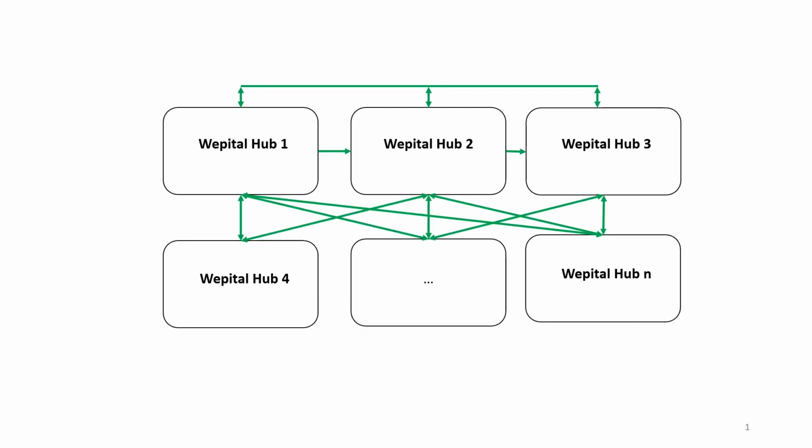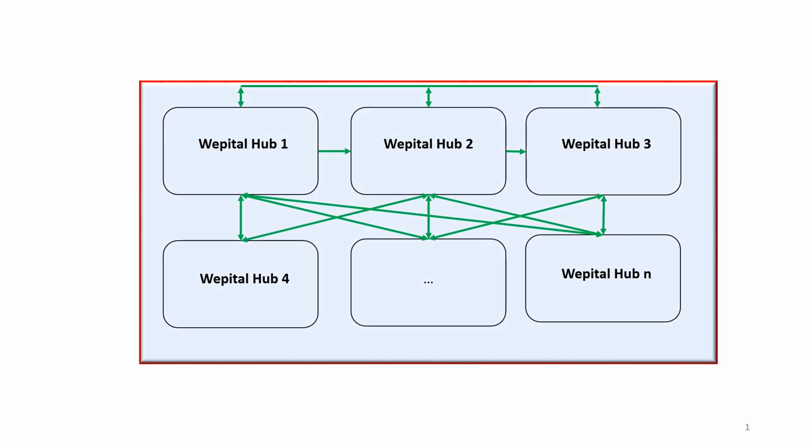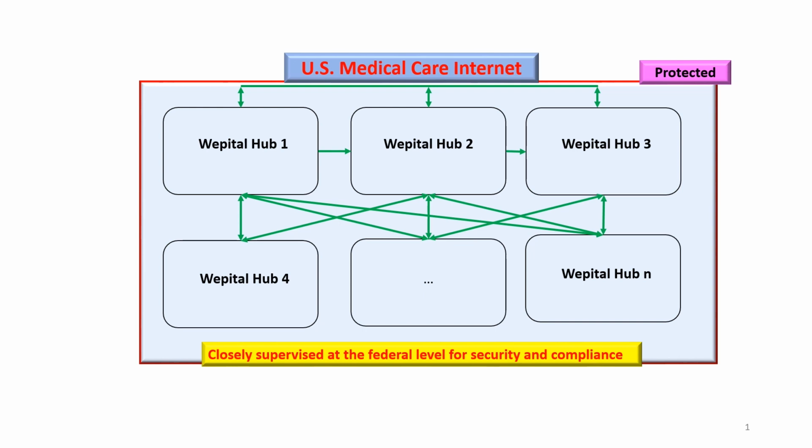The wepital hubs can be connected for patients' real avatars to travel through and become part of the U.S. medical care internet. This internet needs to be protected and supervised at the federal level for security and compliance. This can become a model for other nations as well.